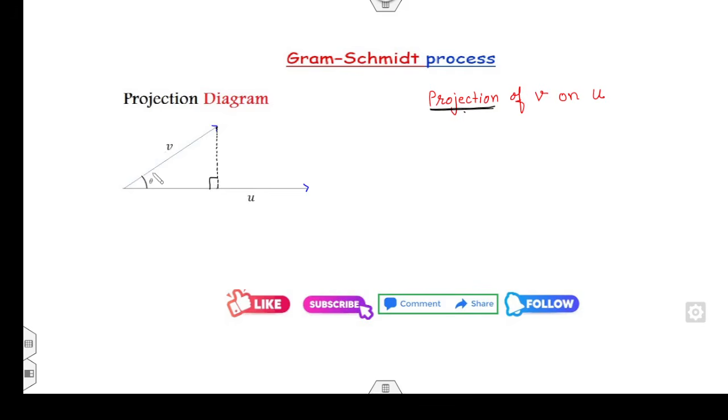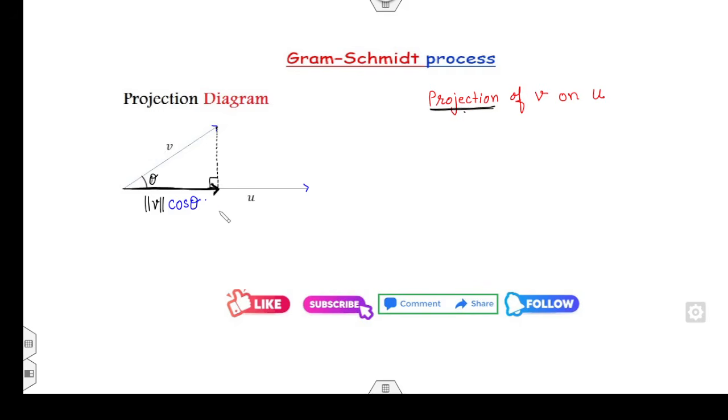Fine. So then can you find this length? Can you find this vector? What is this vector? Clearly, this vector is norm of v times cos theta, because it has angle theta and it's the base.